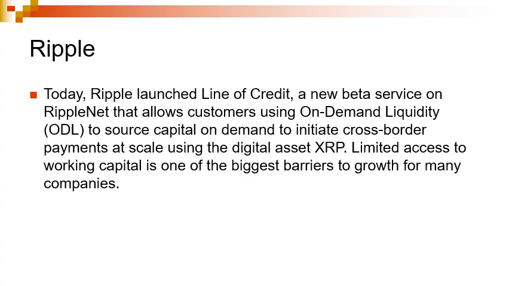So for that purpose, Ripple provides on-demand liquidity to source capital. This liquidity can be made available on demand, and limited access to working capital is one of the biggest barriers to growth for many companies. But we can overcome this limitation by using the concept of on-demand liquidity in Ripple.